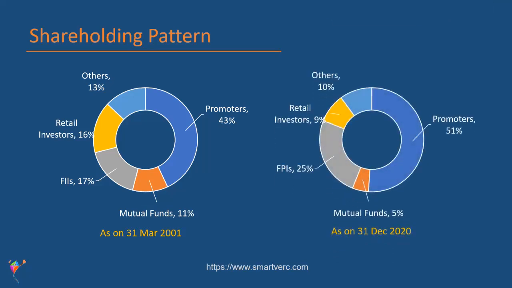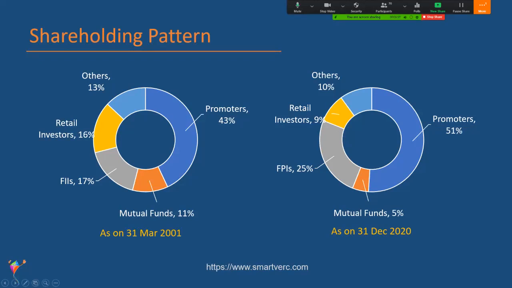Now this is the latest shareholding pattern as on 31st December 2020. Promoter stake, which was 43%, is now 51%. It has increased, and probably because of the merger of the subsidiaries and other companies with the core company, Reliance Industries. Then mutual funds, which were holding 11% stake, are now holding 5% stake.